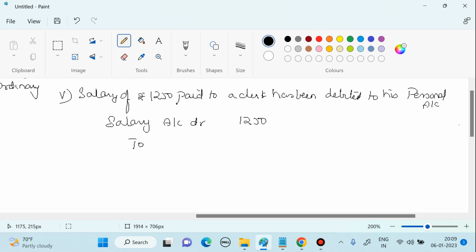Salary to cash or bank. No. We are rectifying this, no? We had wrongly debited. Rectifying, then it should be the personal account. So that clerk's personal account, which was debited, that has to be credited here.